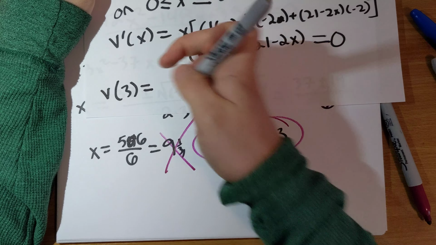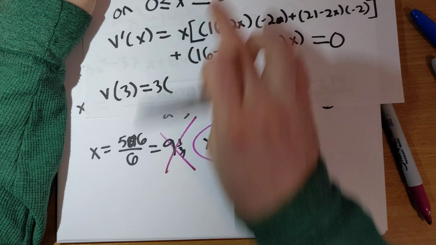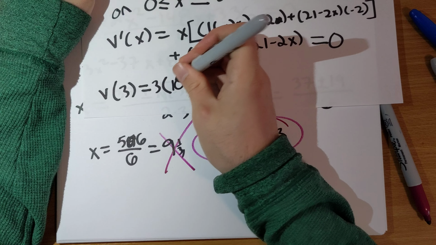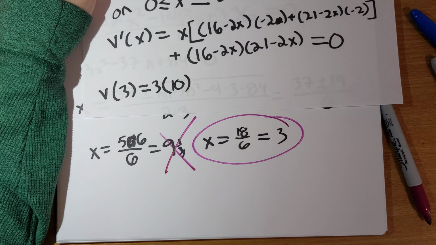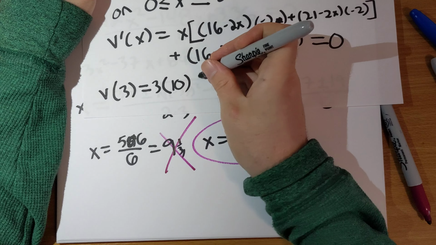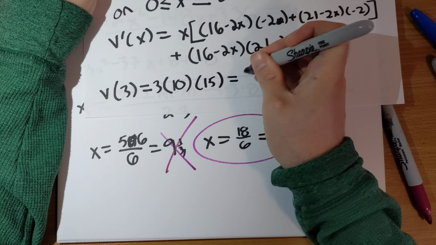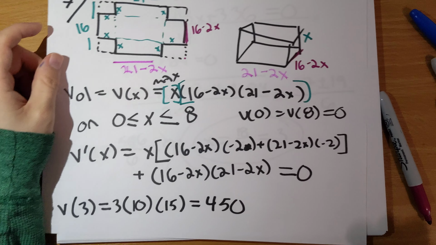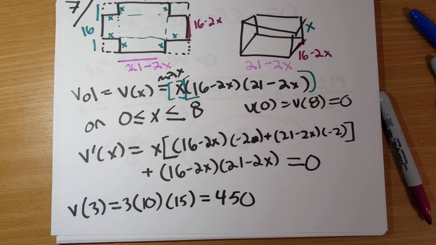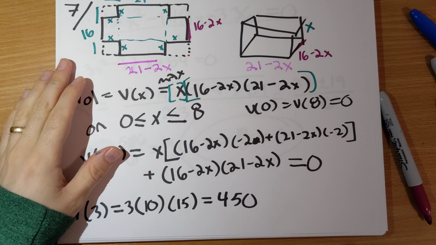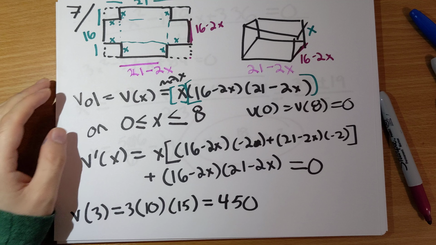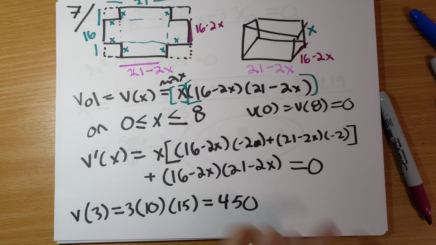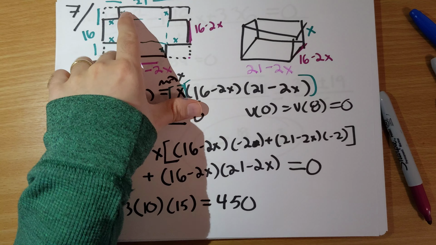Let's plug in 3 up here. 3 times 16 minus 2 times 3 is 10. 21 minus 2 times 3 is 15 here. And so this is 450, and that's going to be our maximum. And so we get the maximum possible volume here if we cut out 3 by 3 squares.